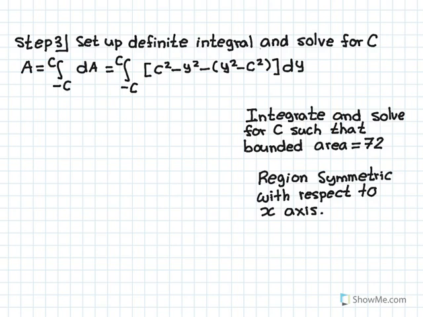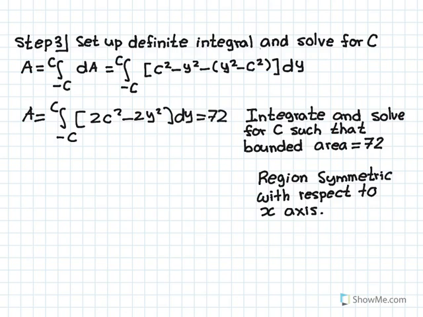All right, so let's set up the definite integral and solve for c. The area is the integral from minus c to c of dA, that's equal to the integral from minus c to c of 2c squared minus 2y squared dy, and we make this equal to 72. We're going to integrate and solve for the value of c such that the total area is 72.